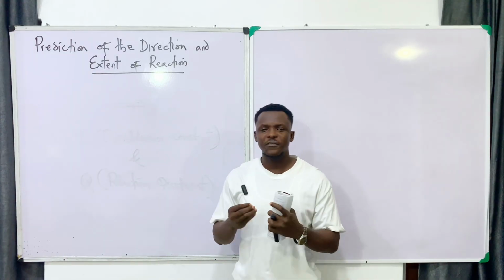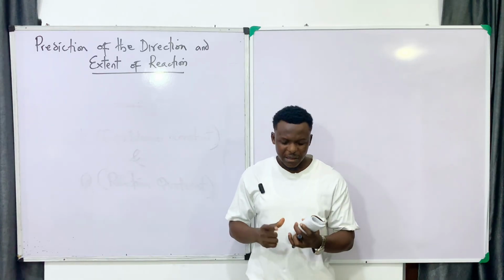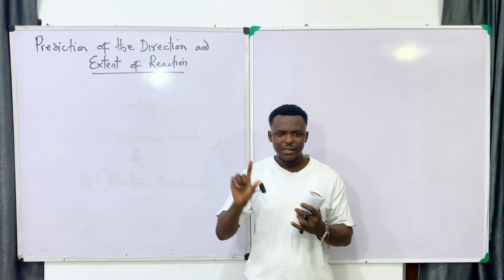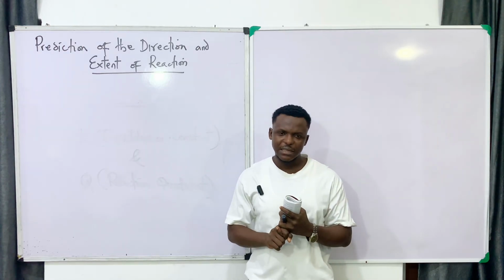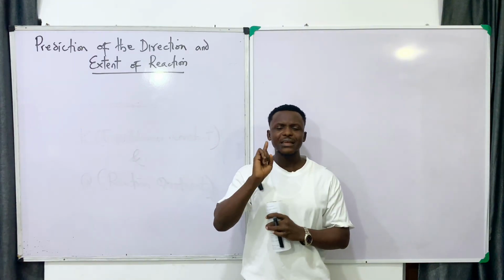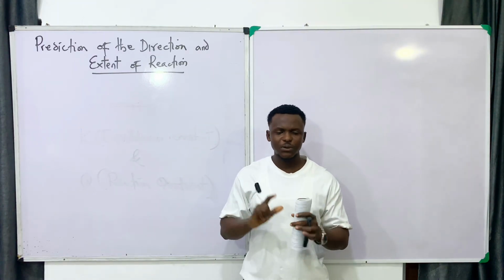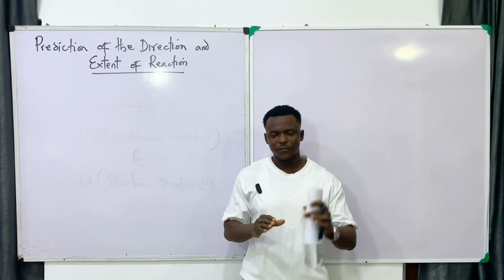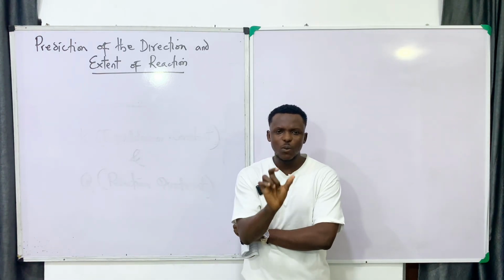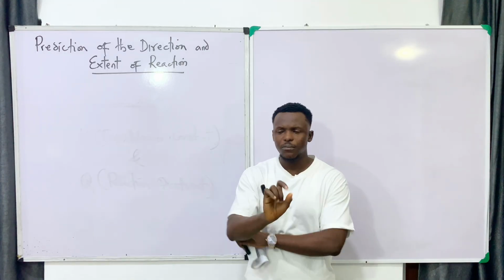Class, the two of them are very similar. In terms of definition, reaction quotients can be defined just like equilibrium constants. In terms of expression, the same thing. One thing that distinguishes them from each other is that we only talk about equilibrium constant when the reaction is at equilibrium.